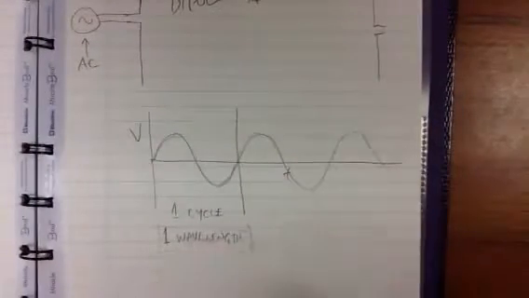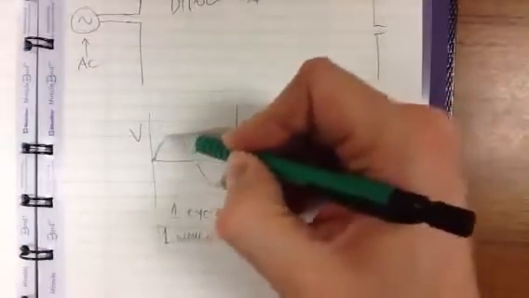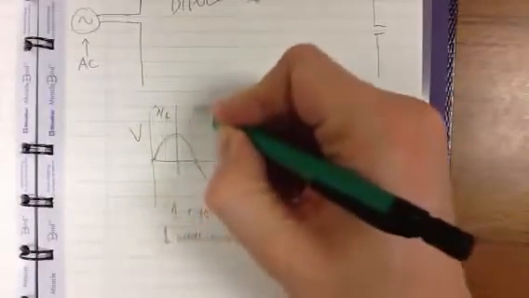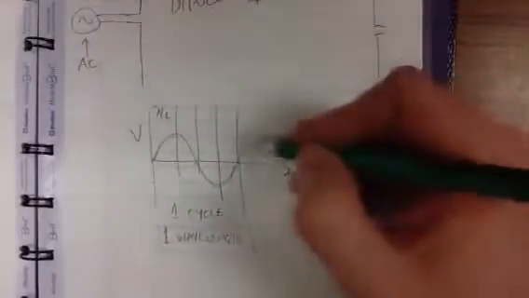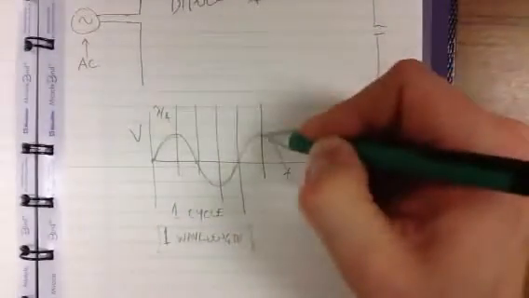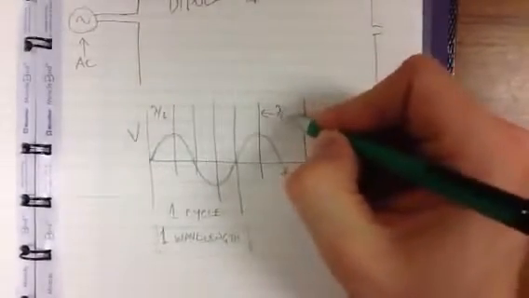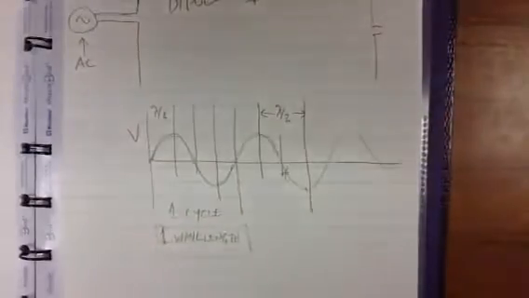So if this is one cycle, or one wavelength, that means from here to here is a quarter wavelength, and from here to here is another quarter. From here to here is a half wavelength, right? From here to here is a quarter wavelength. So that's good to know.